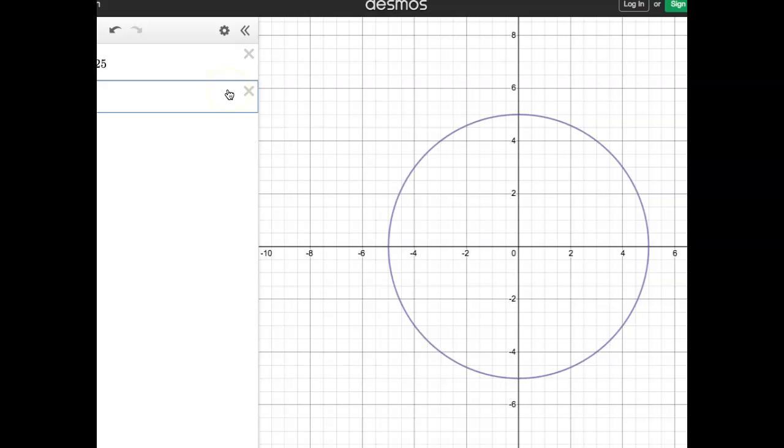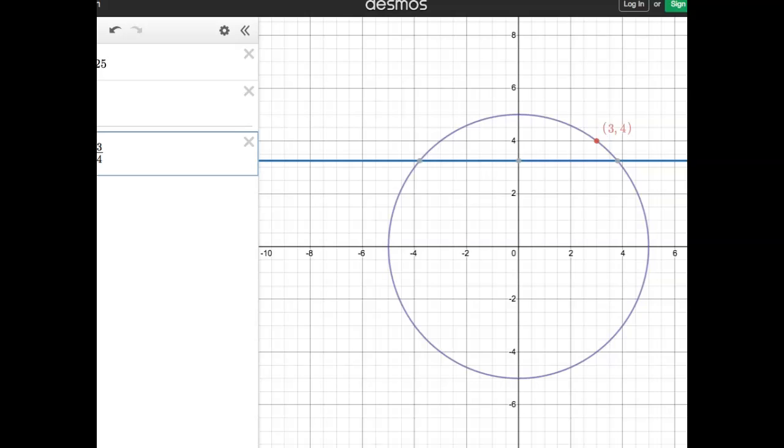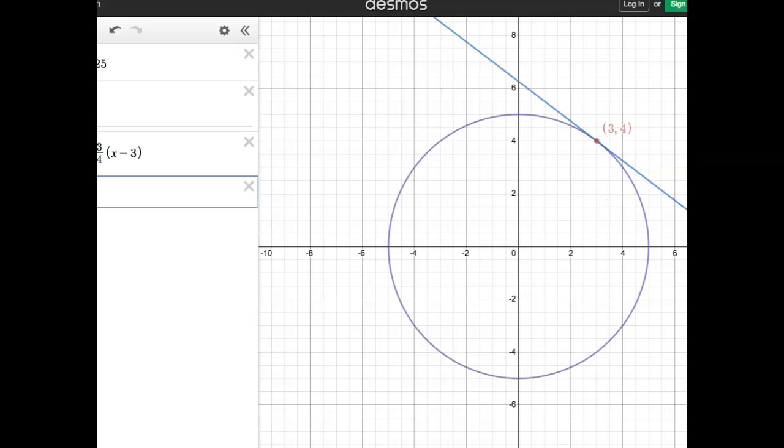So now I have y minus 4. Oh no, let's graph. So, sorry, the point is (3, 4). And the tangent is y minus 4 equals negative 3/4 times x minus 3. There we go.